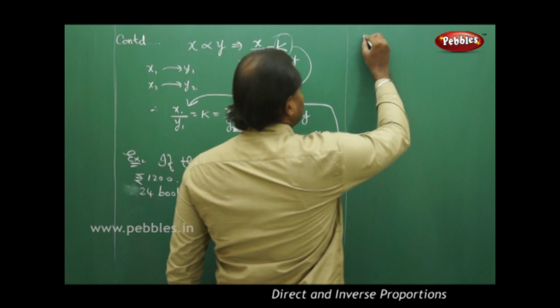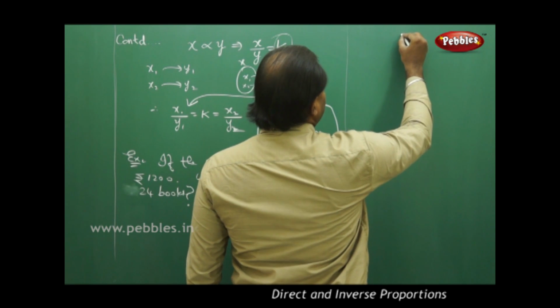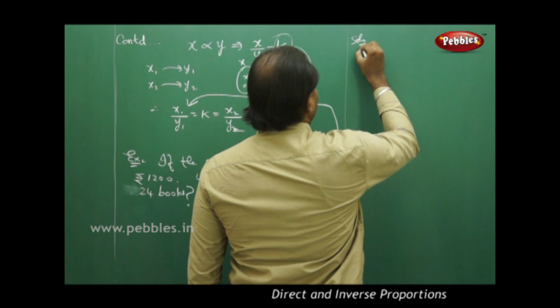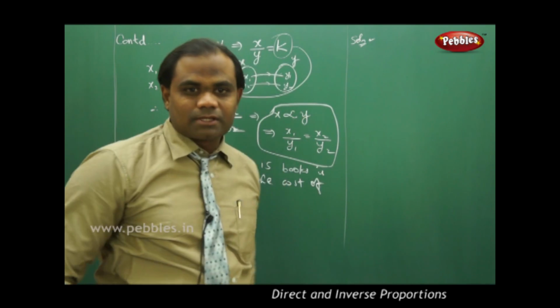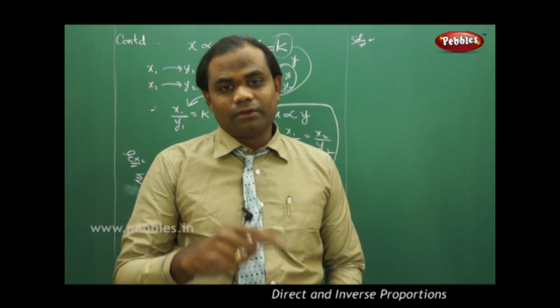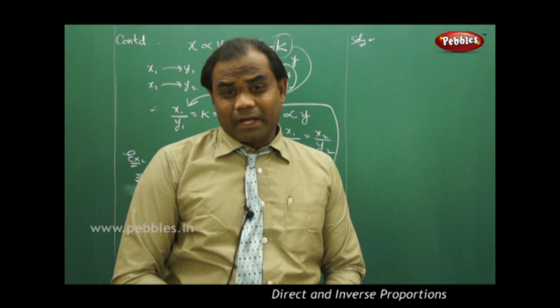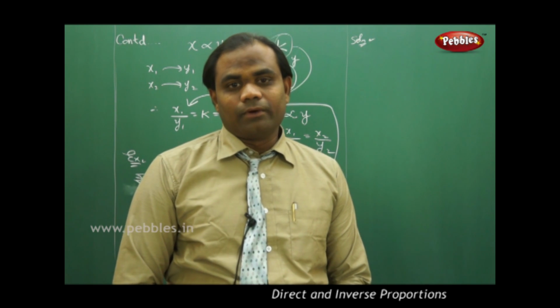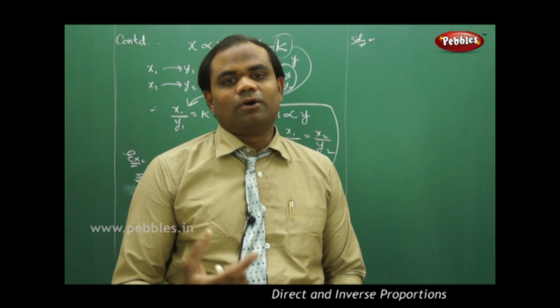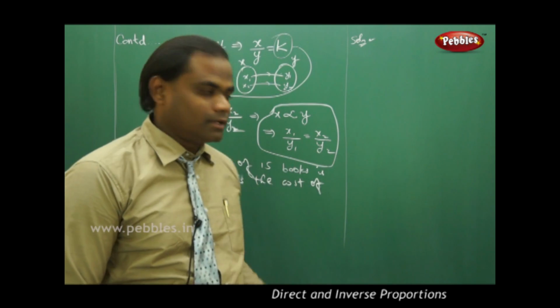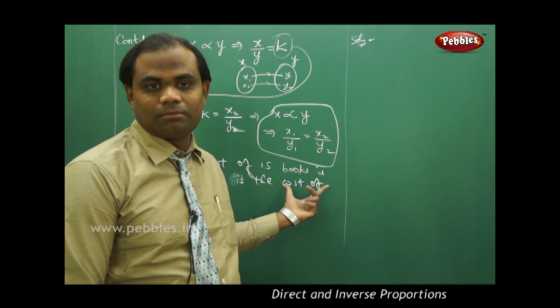So identify that there are two quantities which I identify in case of this problem. So whenever a problem is given in a direct proportion or an inverse proportion, firstly identifying the quantities is very important. The first step is about identifying the quantities in the real life situation of the example problems.